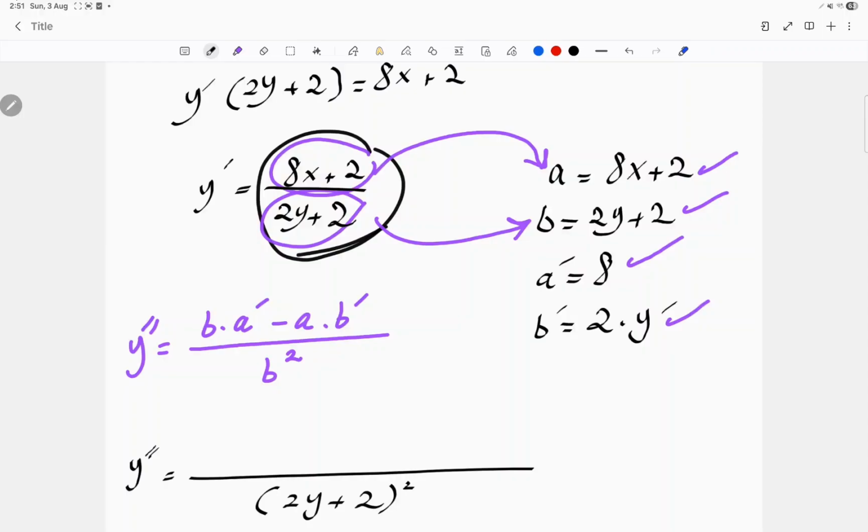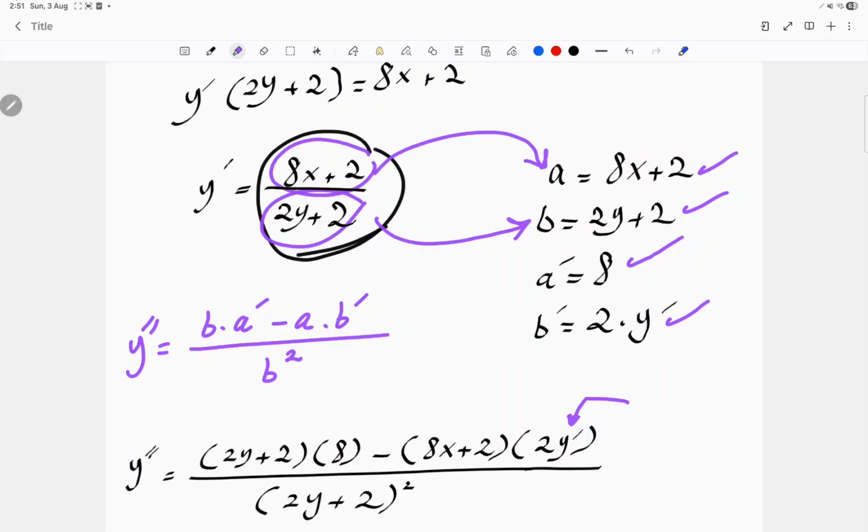We agree. Then b times a prime minus a times b prime. One more step, just one, to replace the y prime with this mess right here. That was the hard part for you, I think, right?